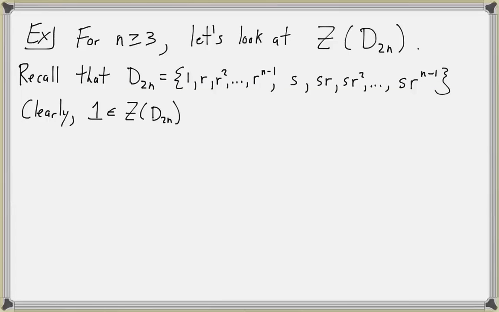Now consider just the rotations. Every rotation is a power of the rotation r. So when we combine rotations, we're just combining powers of r. So we see that all rotations commute with all other rotations.